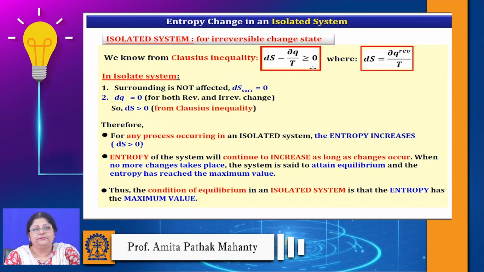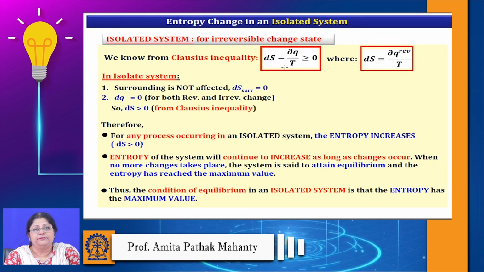So if we replace dS by dq reversible by T and we replace dq by T as a combination of both reversible and irreversible, dq reversible by T is delta S, that will get cancelled.